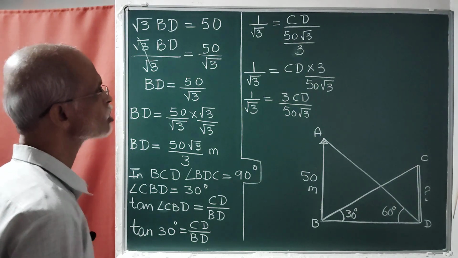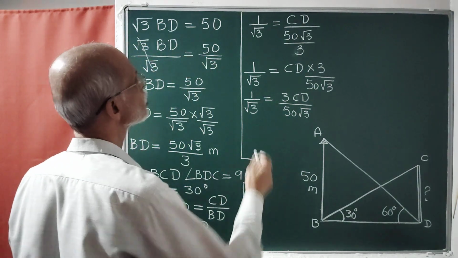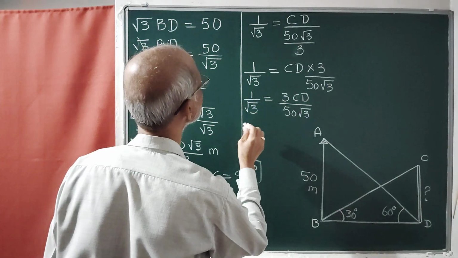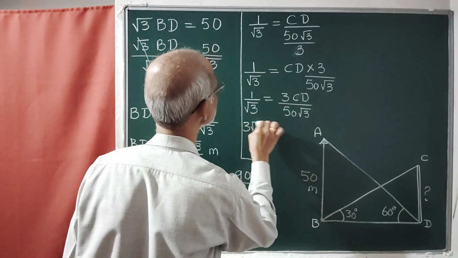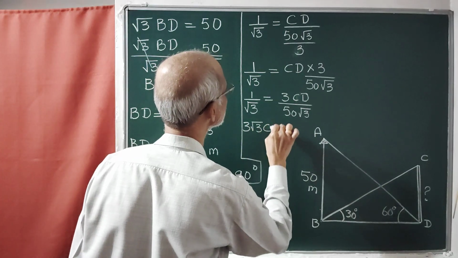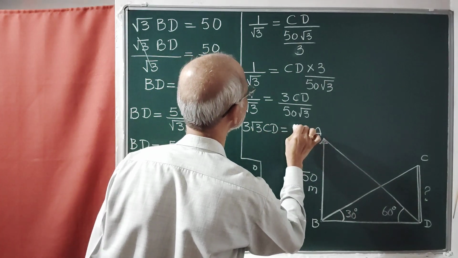Now we will cross multiply. If you cross multiply, what will we get? 3 root 3 CD is equal to 50 root 3.